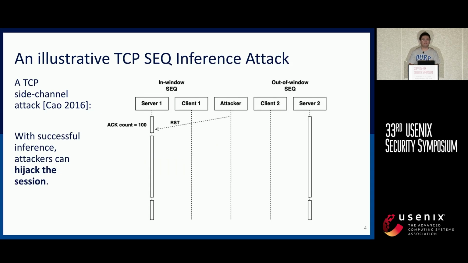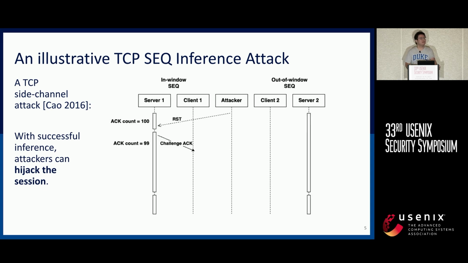Here's one illustrative TCP side channel attack to show how this works. We assume a traditional off-path attacker model where the attacker can neither modify nor eavesdrop packets in the victim connection. To launch this attack, the attacker first sends a reset packet to the server. This triggers a response ACK, and the server will lower a globally shared counter called ACK count by 1.